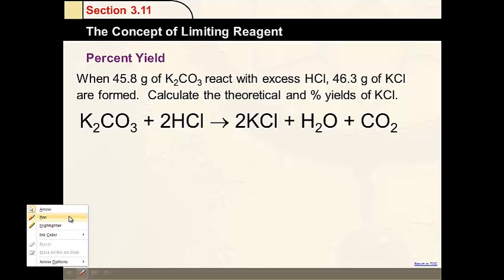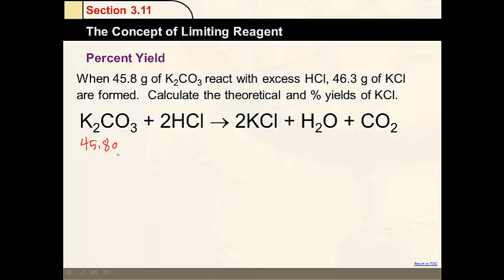Here we have given 45.8 grams of K2CO3 reacting with excess of this, which means that we already know that this reactant was limiting. And we produce 46.3 grams of this product. So we want to find the theoretical yield and the percent yield.